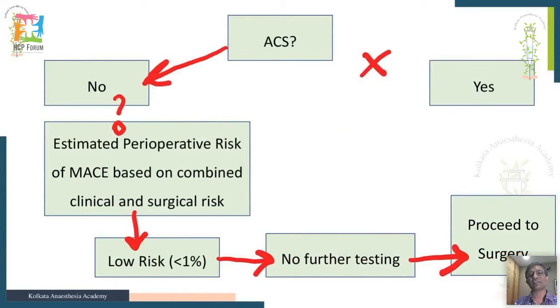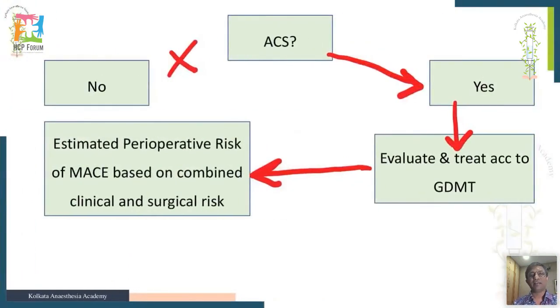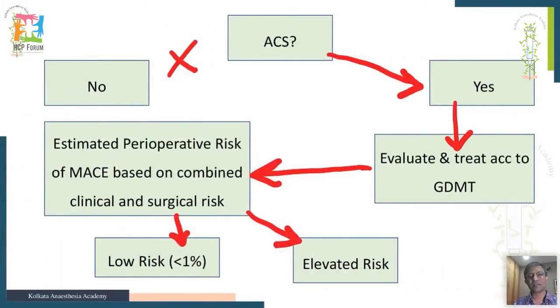The person does not need any further testing. Now, the thing can be that the person has an active cardiac condition or acute coronary syndrome. You have to then evaluate. The non-cardiac surgery has to wait, evaluate, treat according to the goal-directed medical therapy, and then apply the risk models, figure out whether it is low risk and then elevated risk.